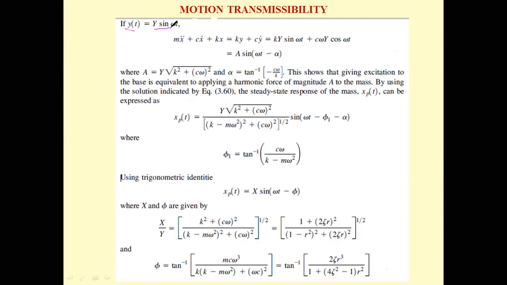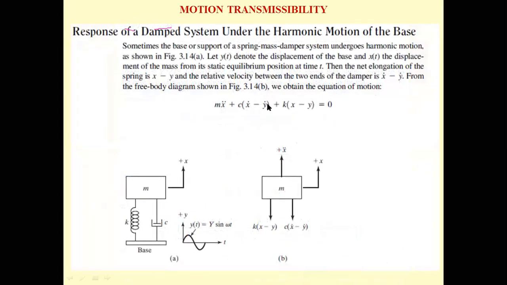So we can write m x double dot plus c x dot plus k x, and the terms minus k y and minus c y dot go to the right hand side.